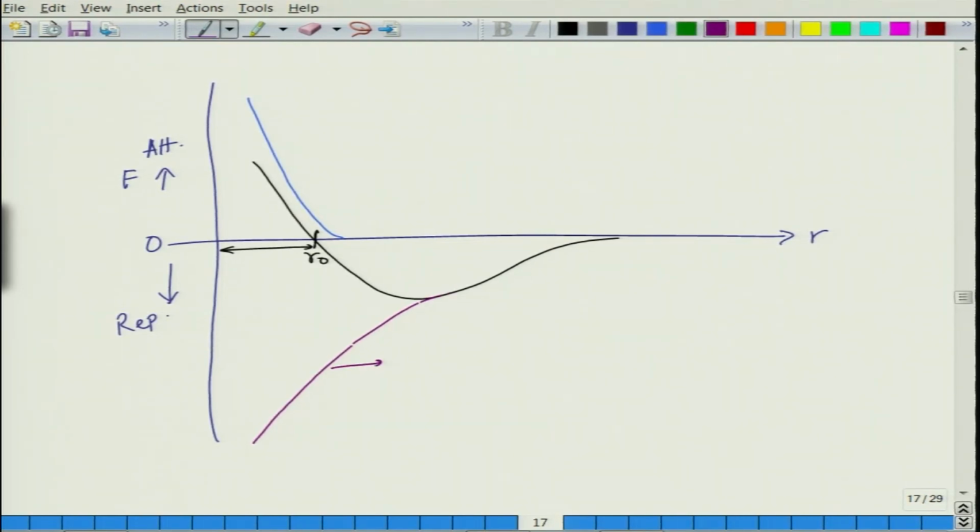So, this is repulsion and the force is 0 at r is equal to r naught.